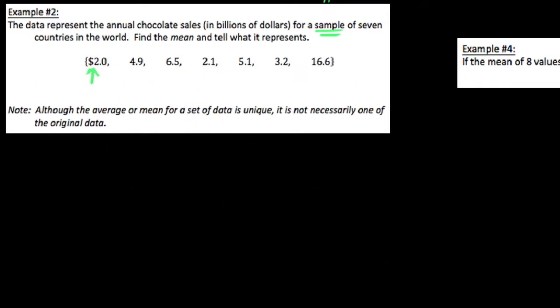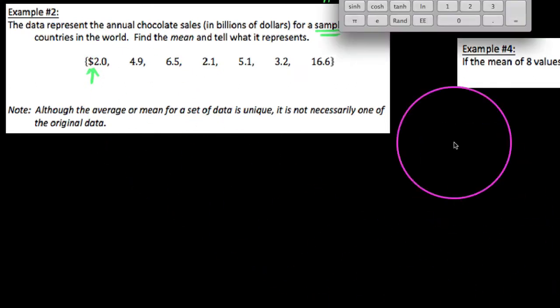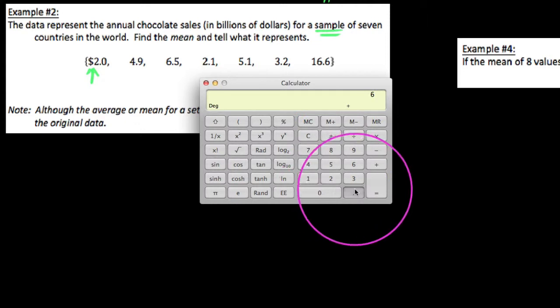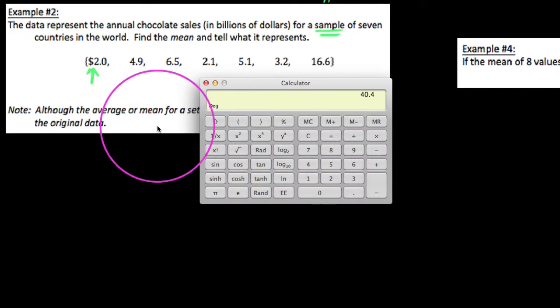So we say add these data up. First thing we wanted to find was the sum of our data. So we'll clear this out. We say 2.0 plus 4.9 plus 6.5 plus 2.1 plus 5.1 plus 3.2 and lastly 16.6. Holy geez. Okay, so we say 40.4.